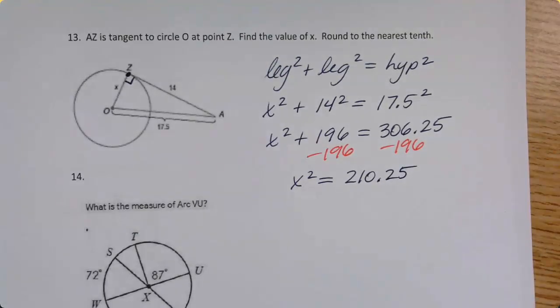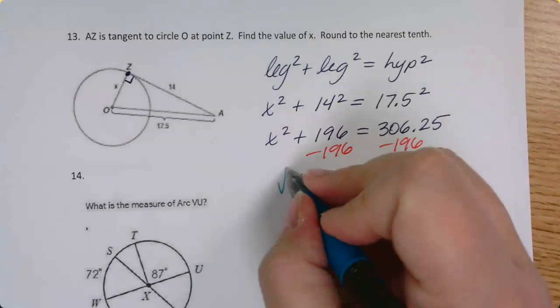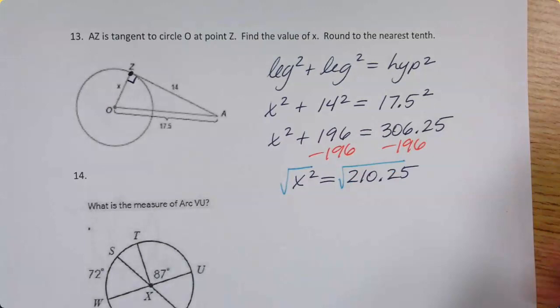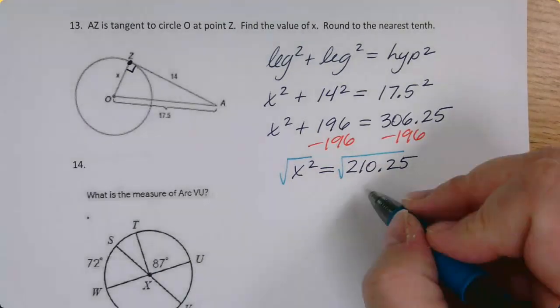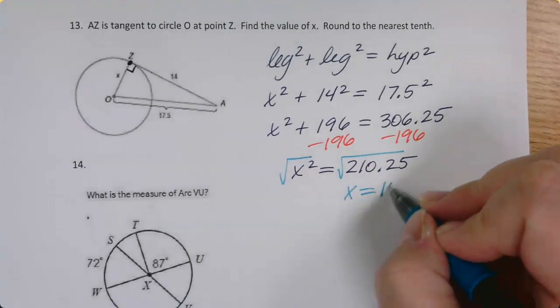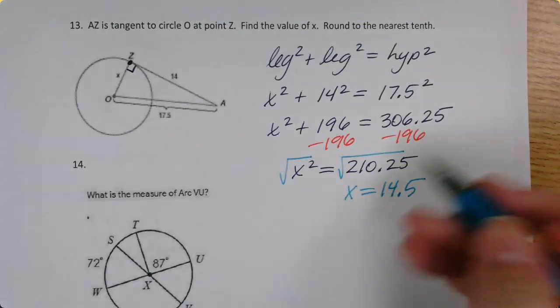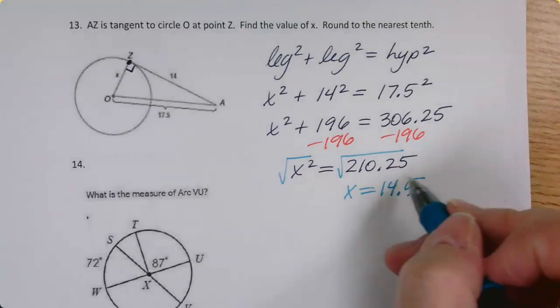And then if you have something squared and you don't want it squared, you have to unsquare it, which means square root. I'm taking the square root of both sides. So I'm going to take the square root of 210.25, and that gives me 14.5. So x is 14.5. And that is my answer.